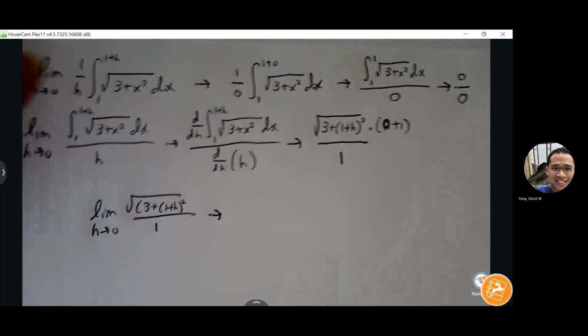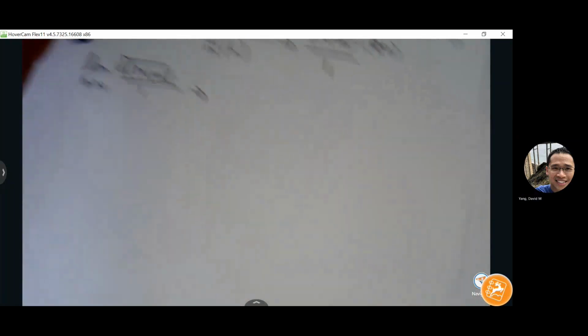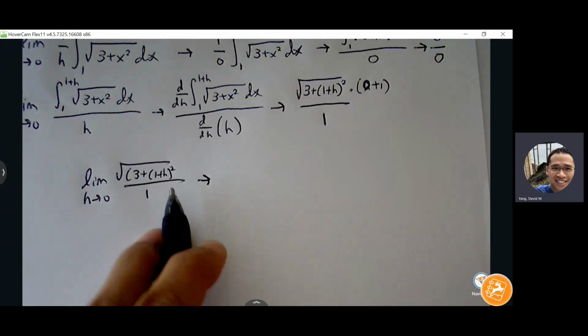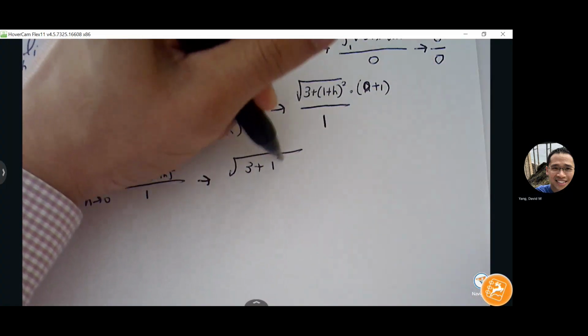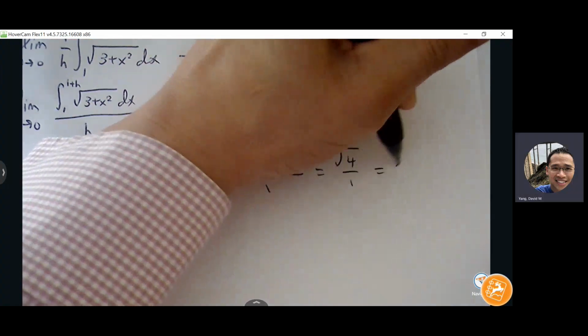So insert the 0 into the expression. We get h replaced with 0. We get root 4 over 1, which is 2.